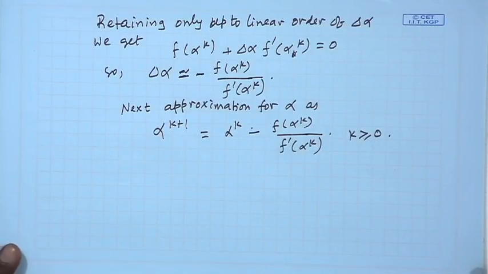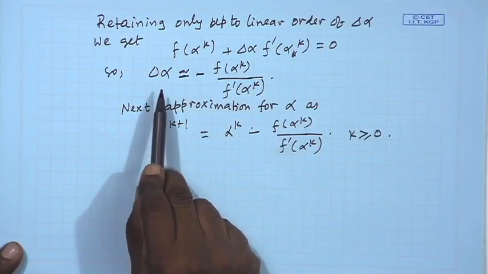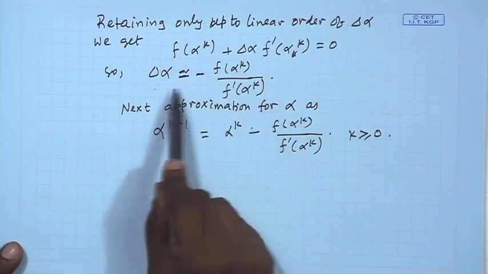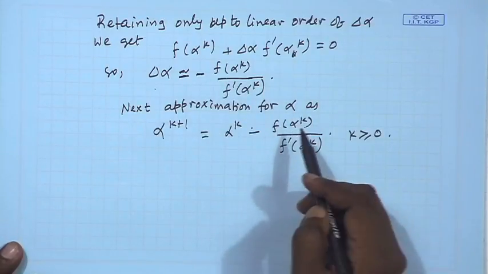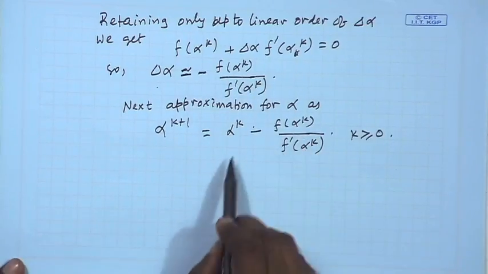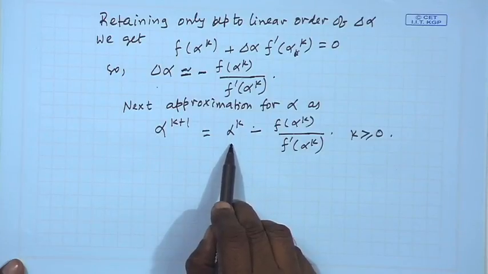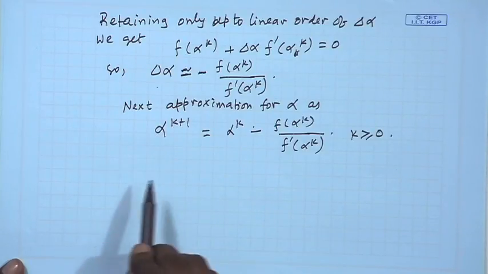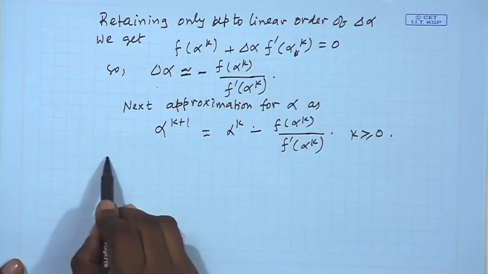Basically what we are doing is getting an approximate value of the error at the kth iteration in this manner, and then adding it to the existing value alpha k to get the modified value alpha k plus 1.